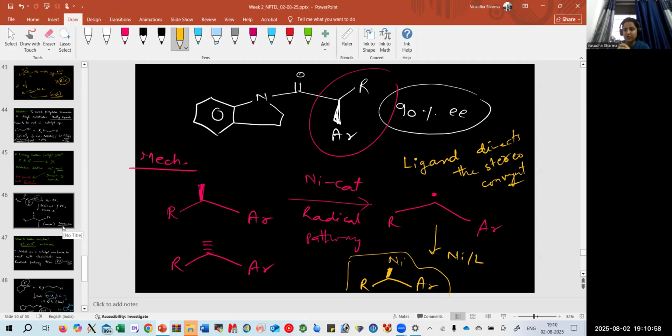Why Kumada is not that useful compared to Suzuki or Negishi, because they have functional group tolerance, as well as they can do a carbonylative coupling. Even in that case, Suzuki is even better because you can form the aldehyde synthesis also.